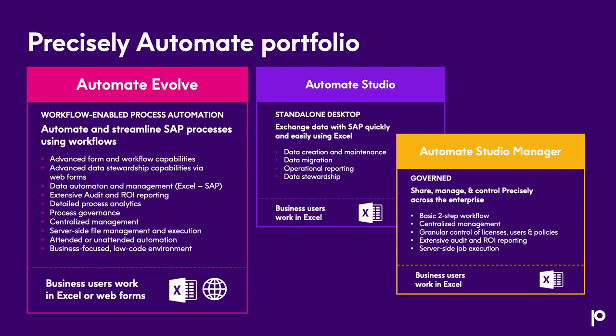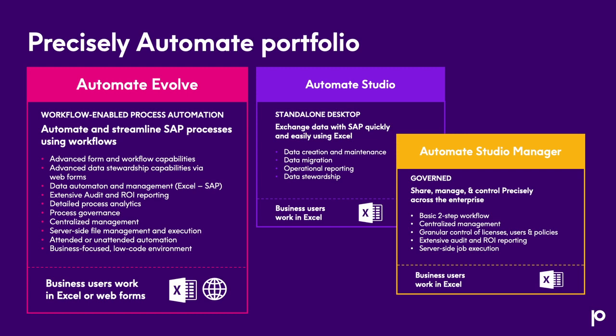Well, we're going to start and center everything around the Precisely Automate portfolio. And that portfolio, for anyone who is familiar with Windshuttle, should look very familiar to you, which is we're going to start with Automate Evolve, which is our workflow and process automation engine and platform, as well as Automate Studio and Automate Studio Manager.